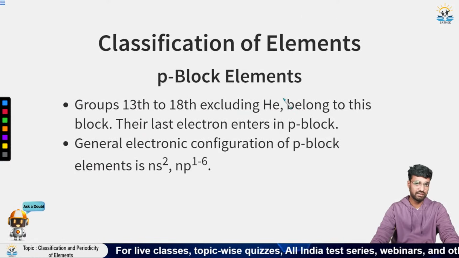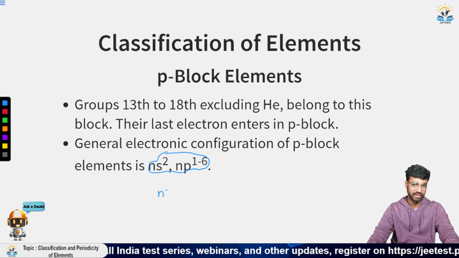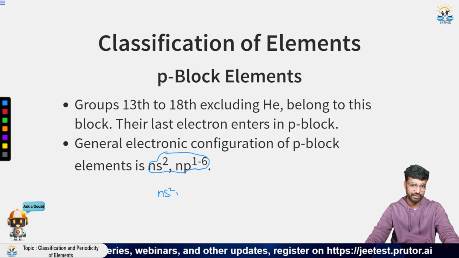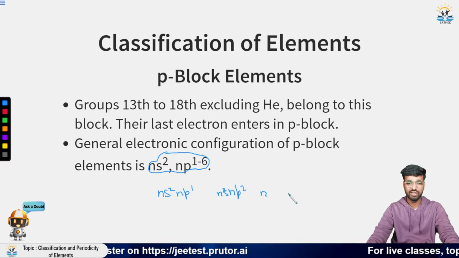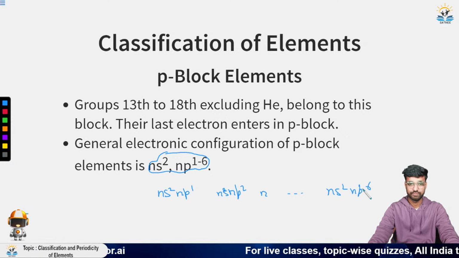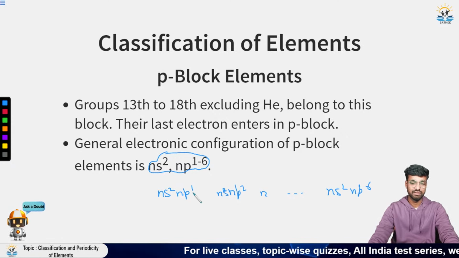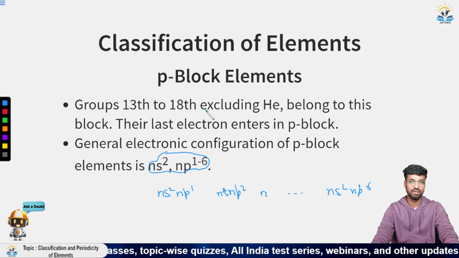Now if you look at the general configuration, it goes like ns2 np1 to 6. So we can have ns2 np1, ns2 np2, similarly up till ns2 np6. So it can have 6, that is 1, 2, 3, 4, 5, 6. In this way, we can classify it as the P block.